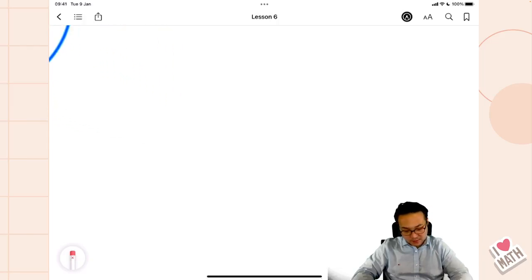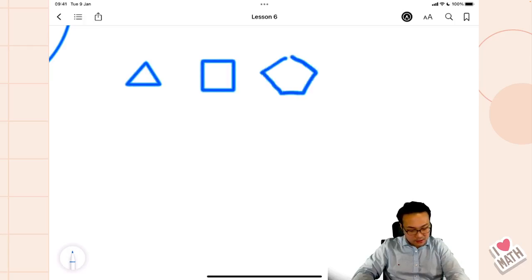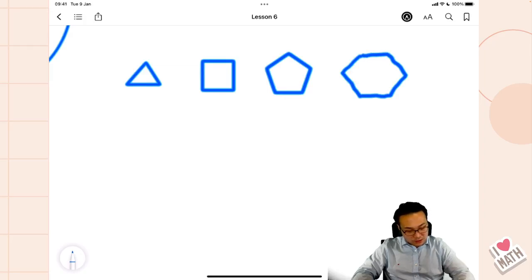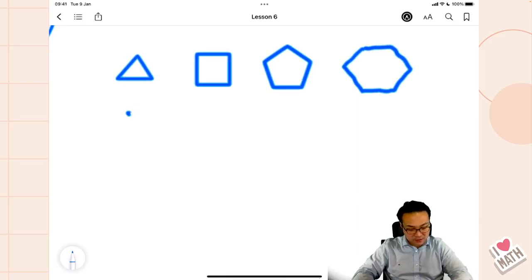If I have a triangle, I have a square, then I call this a pentagon, right? Students, this is a pentagon. Then after that, another one with 6 sides is called a hexagon, right? Do you notice the more sides you have, 3 sides, 4 sides, 5 sides, 6 sides.